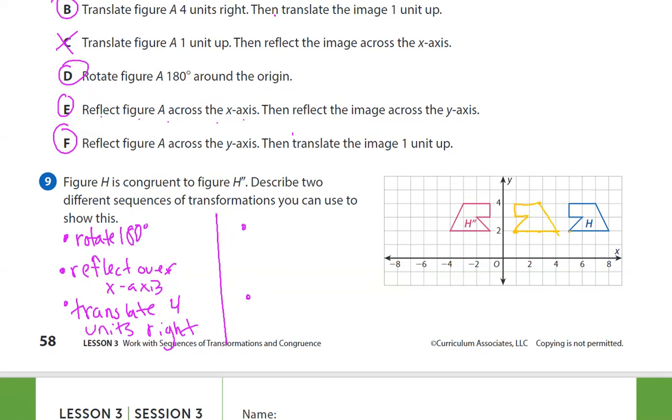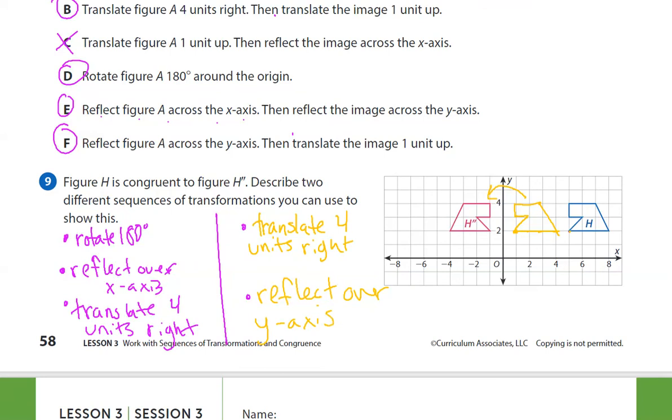Now we can just reflect that over. So this was a translation. Translate 4 units right. Then reflect over the y-axis. Okay. You could do that in the opposite order as well.